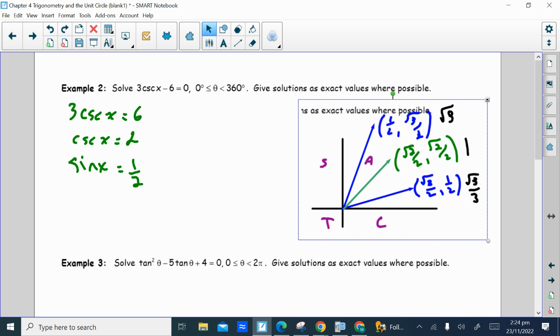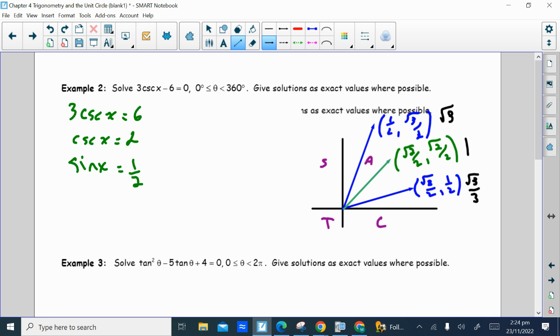Okay, so again, the sine of x, the y value, is 1/2 if the reference angle is pi on 6. So like the last one, we're going to have a reference angle of pi on 6. But what's different here is which quadrants we're in, because now the sine is positive, and sine is positive in the top two quadrants.